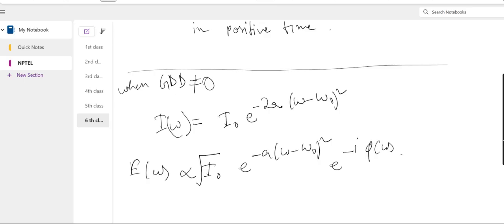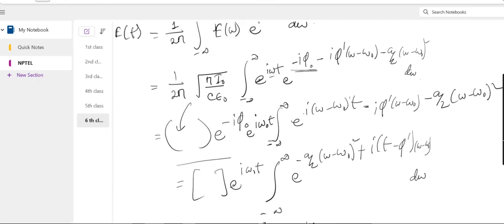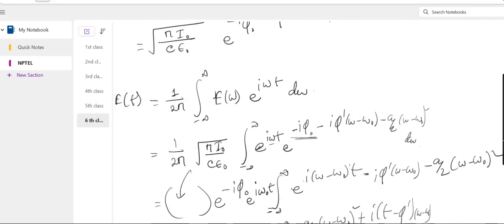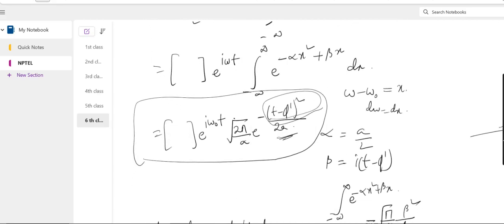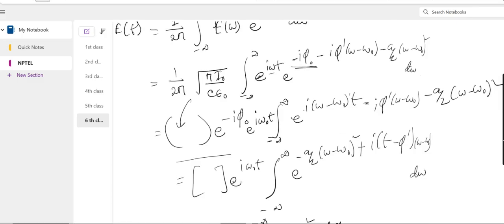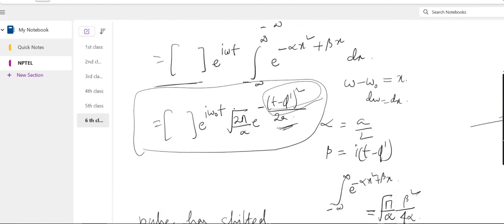omega. I put a proportional sign because there are many constants involved, whatever I have written in the first. Okay, so there is a question because I have written this whole thing here, and I also put e to the power minus phi naught here, but why didn't I put omega naught in that bracket?